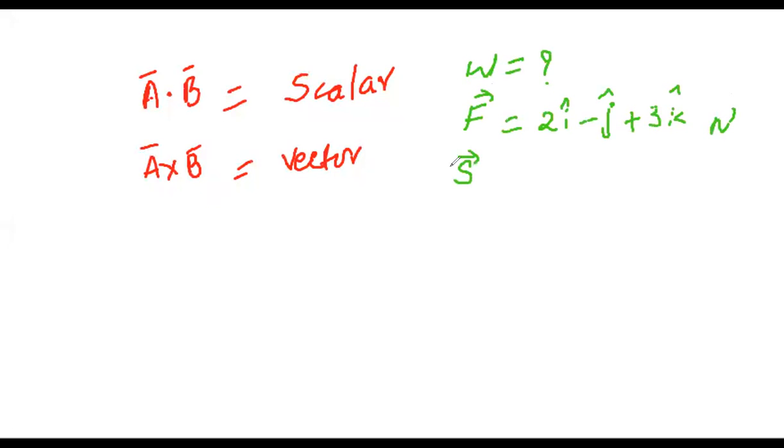Remember that force and displacement are examples of vector quantities. Now I am asking, what is the work done? Work done is equal to F dot S. So here we are doing the dot product.